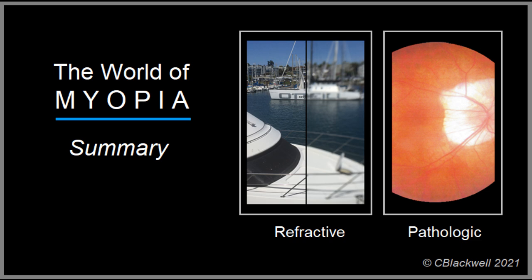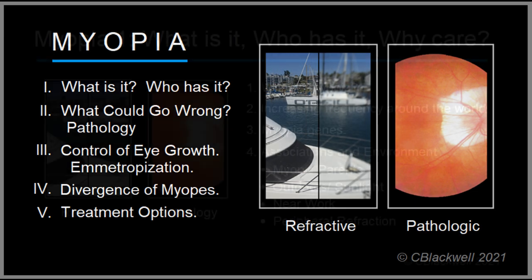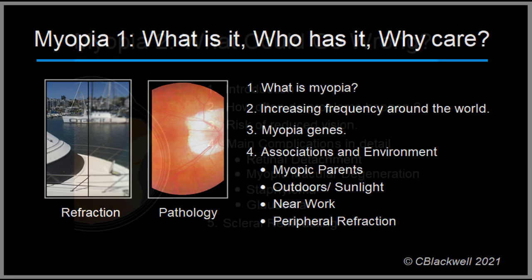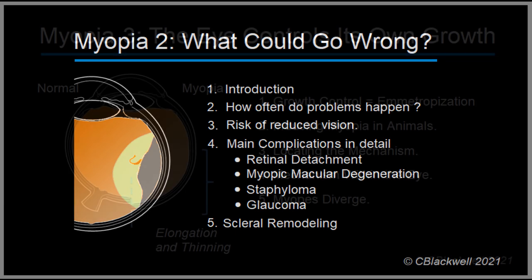This video is intended as an overview of myopia, summarizing the concepts which are presented in detail in the 5 subject videos. If you want to know more, in video number 1 we discuss what myopia is and how it is increasing around the world. Video 2 is a discussion of how myopia leads to vision-threatening complications.